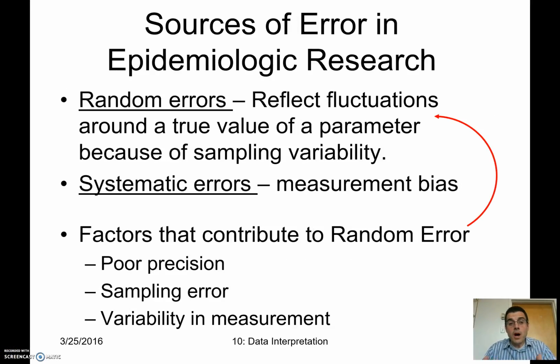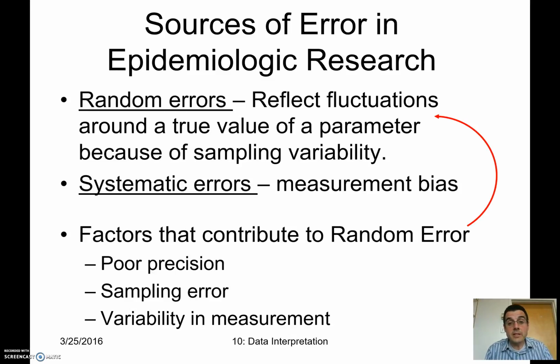So as we move on and talk in depth about internal validity and external validity, there are things you have to ask yourself about what can make a study design, and the outcomes we're trying to interpret, invalid. There are sources of error within many different types of epidemiologic research that you need to take into account.